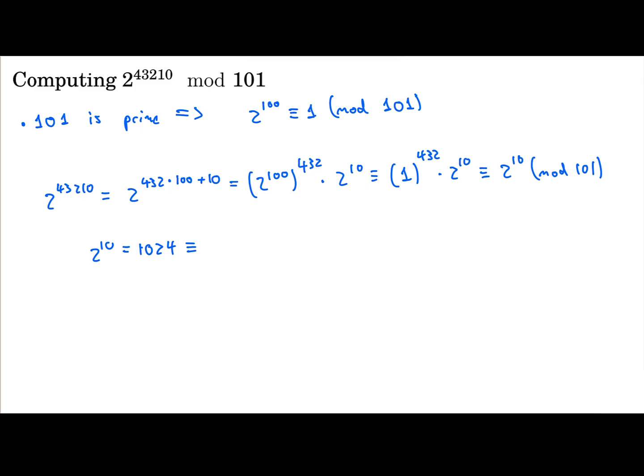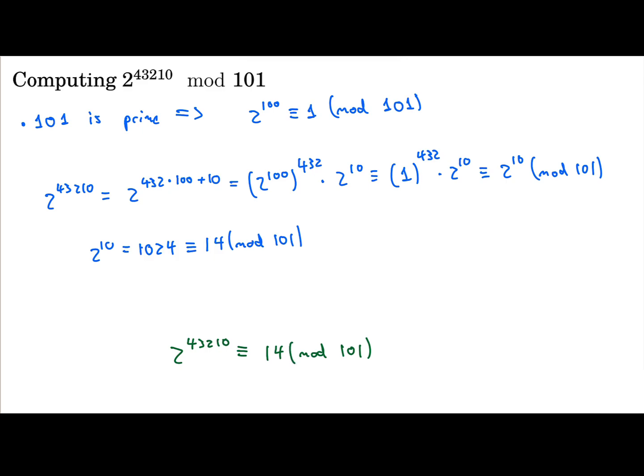If you divide this by 101, you're going to get a remainder of 14 mod 101, which means that 2 to the 43,210 is going to be congruent to 14 mod 101, and this you can really do by hand.